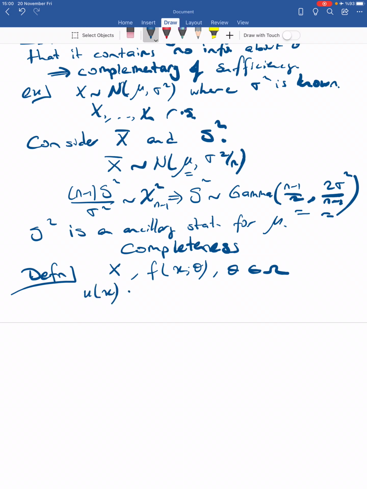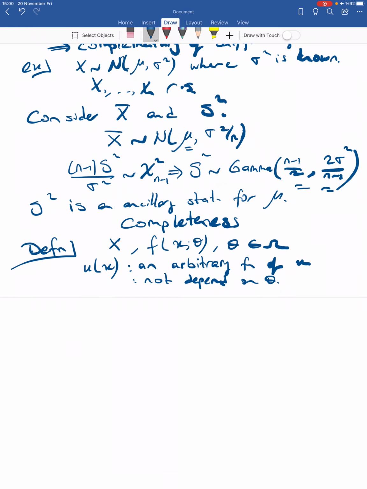We keep u(x) as u(x), so we don't want to replace it by one specific function at this point. It's an arbitrary function of x, and the one other property of u(x) is that it should be independent of theta, not depend on theta. Now consider this function u(x).